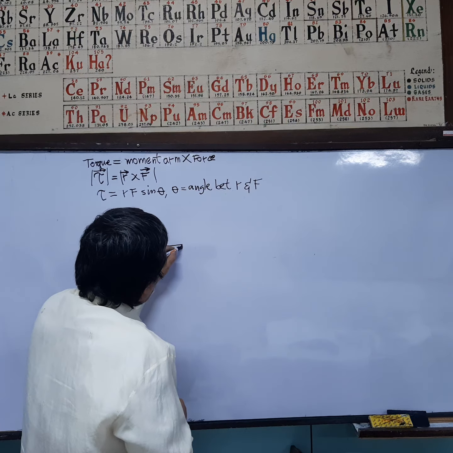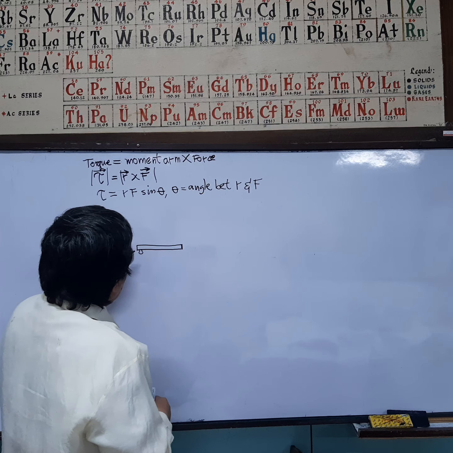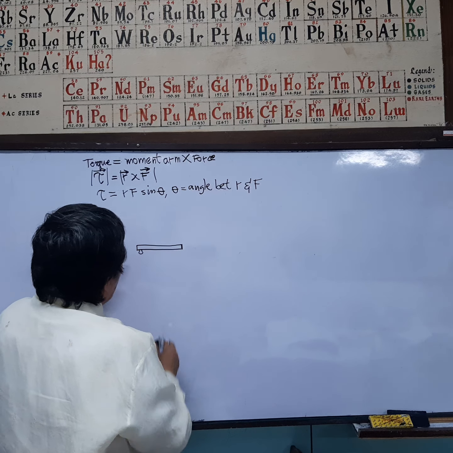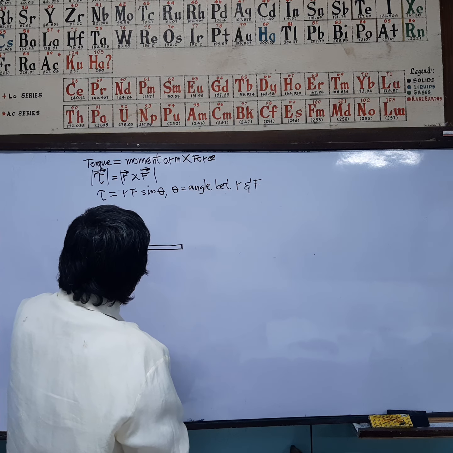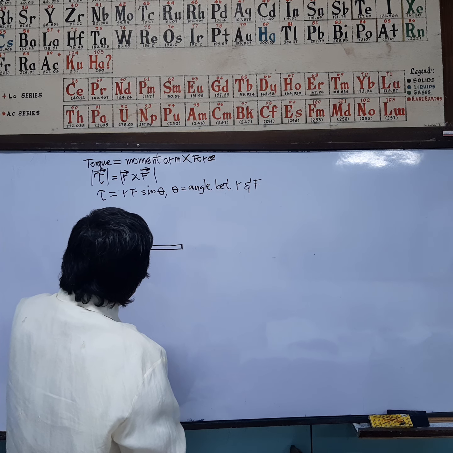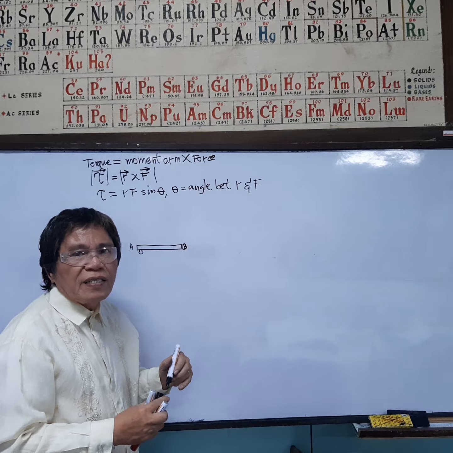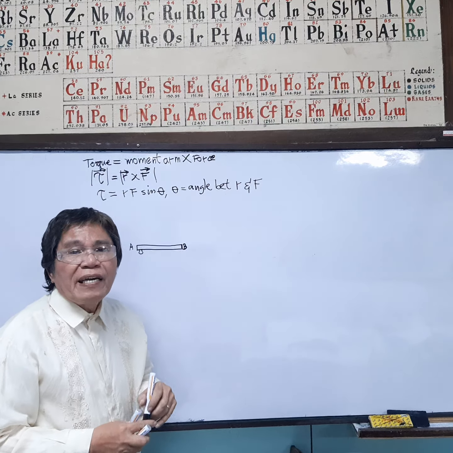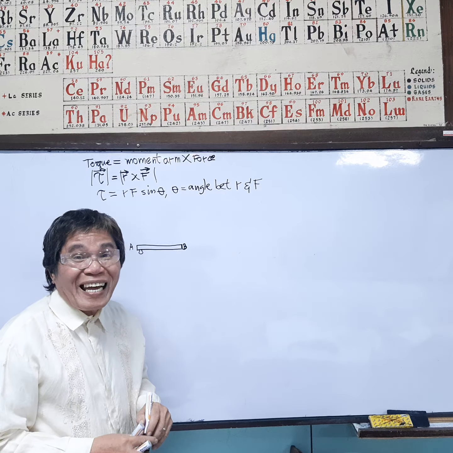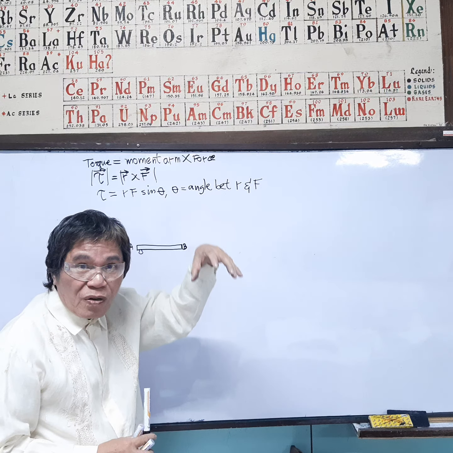And you have here the hinges. Let us say there are two ends here. This is end A, and this one is end B, where end B is the location of the hinges. Bisagra.